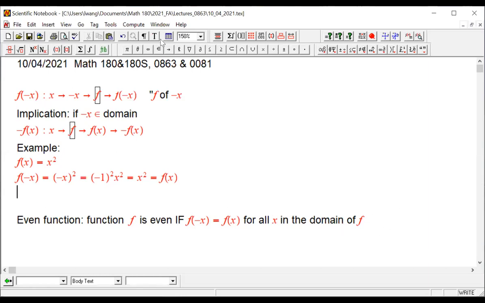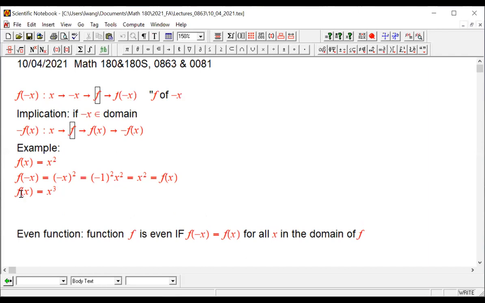Okay, so let's look at another case. These are from the list of basic functions. Suppose we have x to the power of 3. Well, f of x equals x to the power of 3. So if we apply f of negative x, everybody should have a paper and pencil with you, okay?